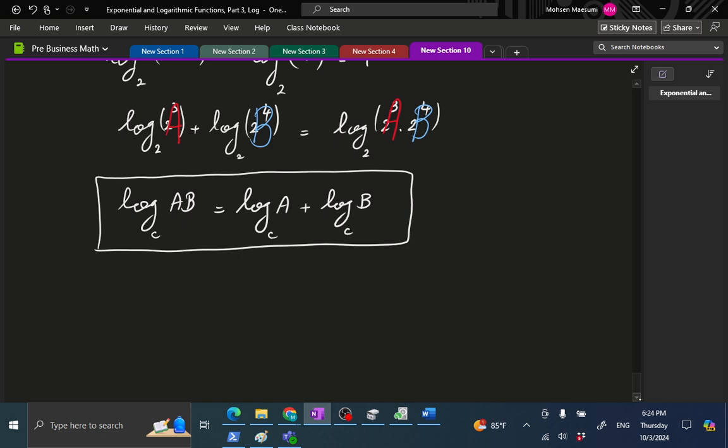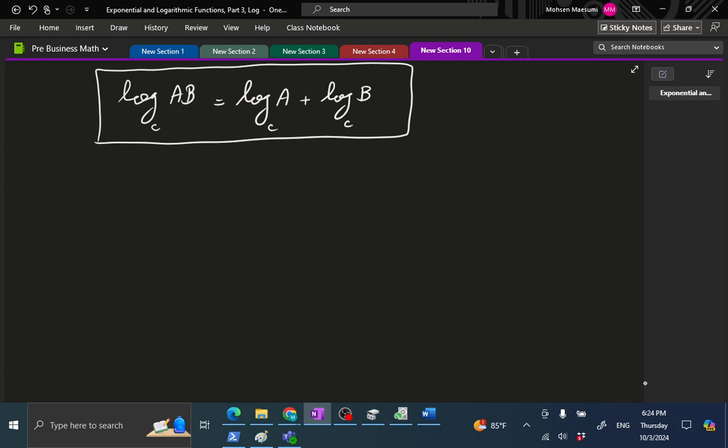Let's go ahead and practice. Suppose I say expand. So when we go this direction, we say we are expanding the logarithm. We have more terms, more logarithms. And when we go in this direction, we say we are collecting the terms and we are condensing it.